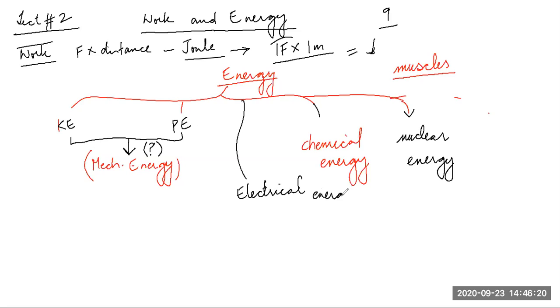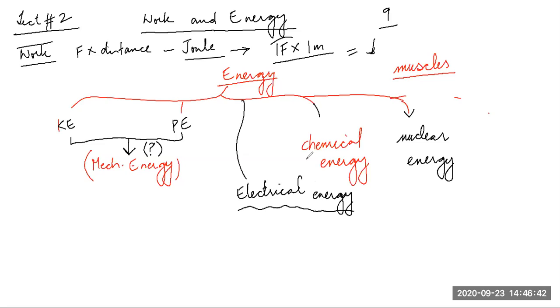Now, what is electrical energy? If you touch an electrical wire, you obviously will not understand what electrical energy is, but after your death, other people can understand. Such a shock you can get. It can throw you out. So yes, it has energy.